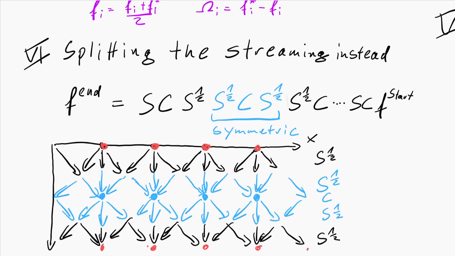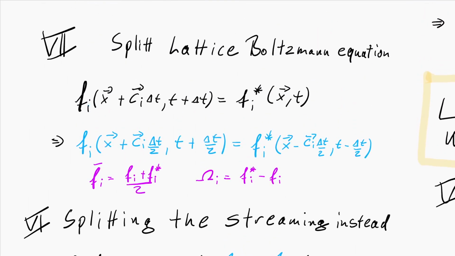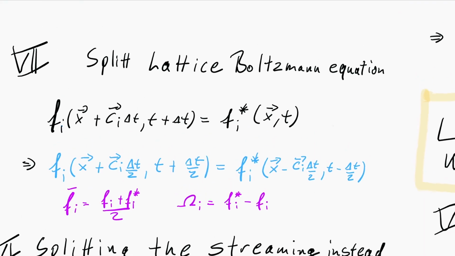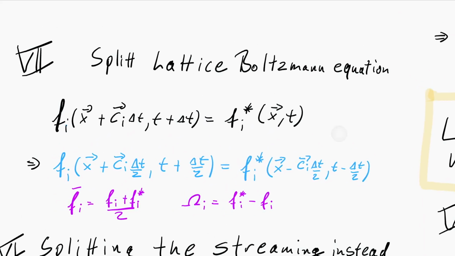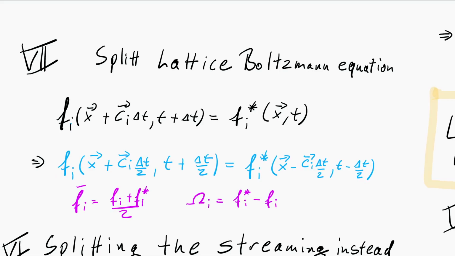Okay, and this leads basically to the following equation that is now also useful for the analysis. As we said, the usual lattice-Boltzmann equation would look like this, but you can rewrite the lattice-Boltzmann equation by moving the pre-collision state by 1/2 time step and 1/2 grid spacing, and the post-collision state in the other direction also 1/2, 1/2.